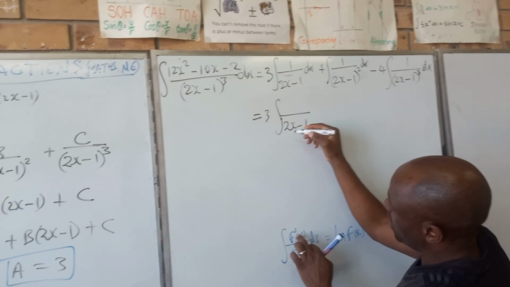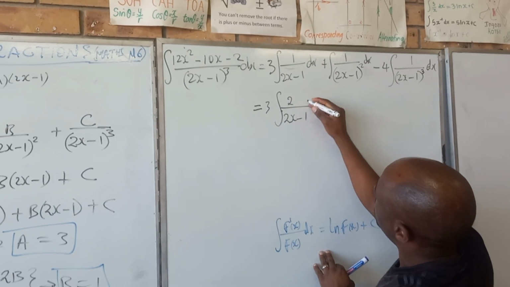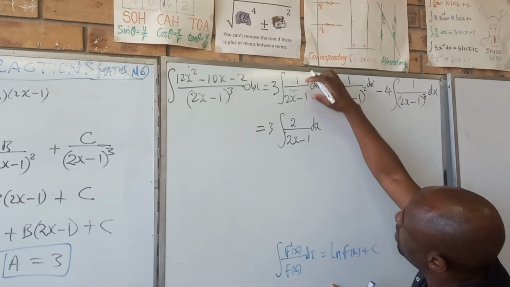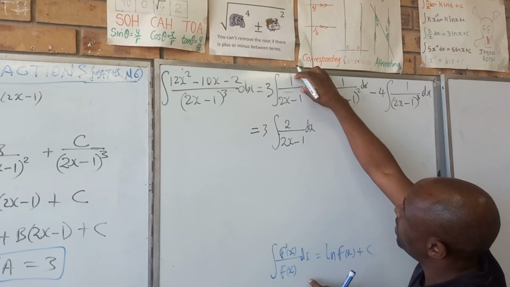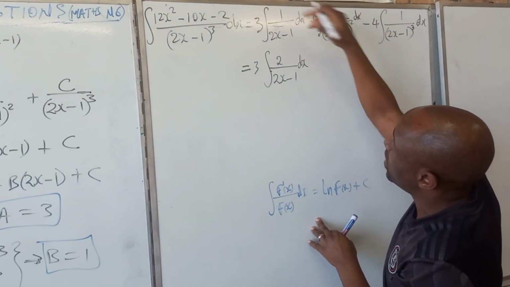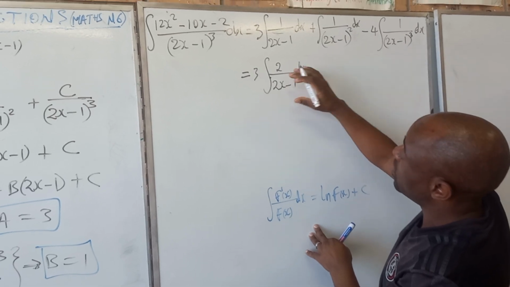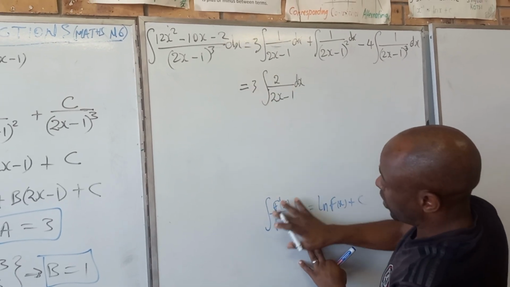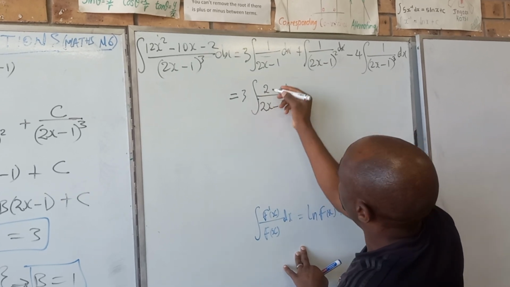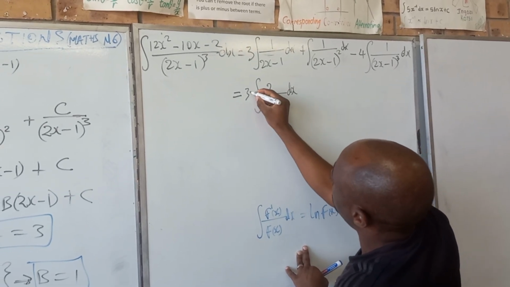If I differentiate 2x minus 1, I put it at the numerator. That is what the formula says, but I must be careful that what I've written here is not different from the original problem. You see that it's different because 2 is not equal to 1. But now, how can I make sure that what I've written here, which is what the formula says, still matches the original problem? I just get a number that can take care of this 2 and take it outside.